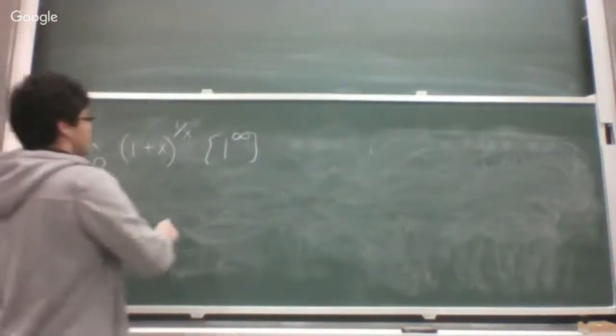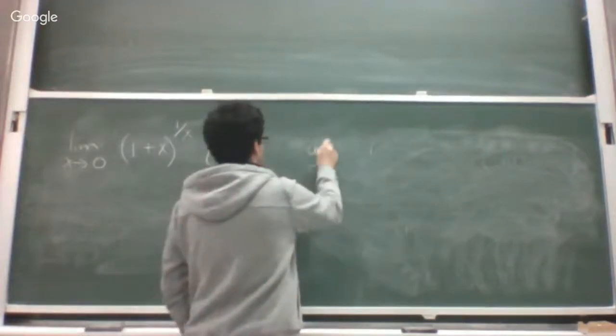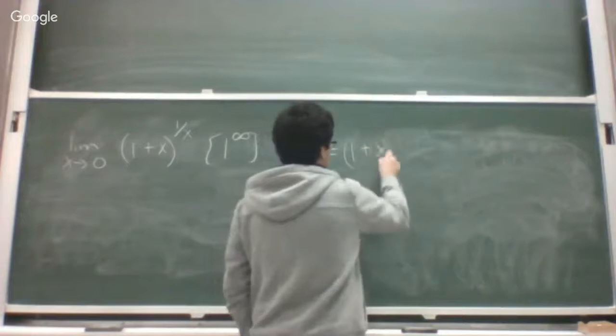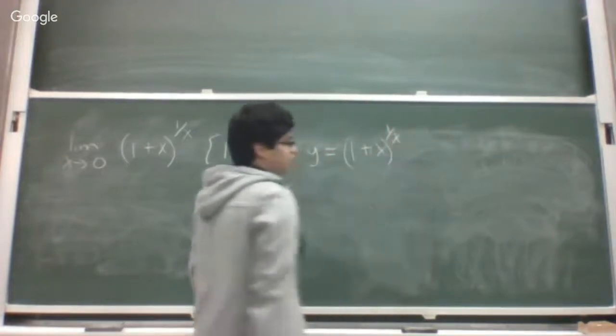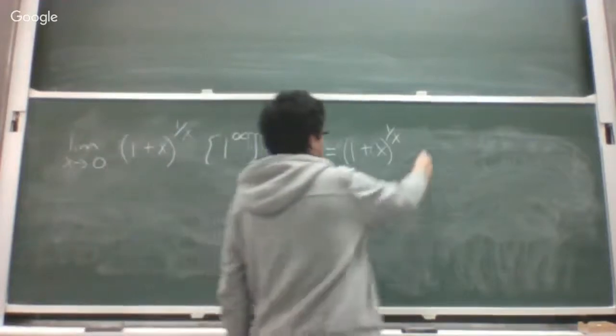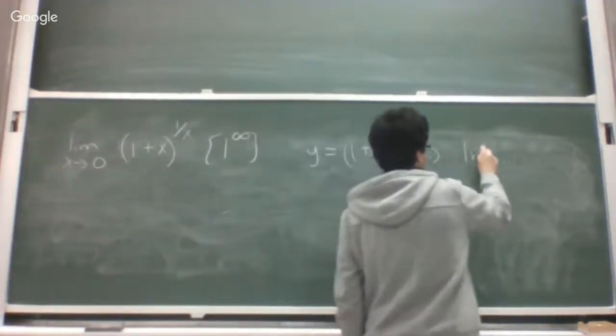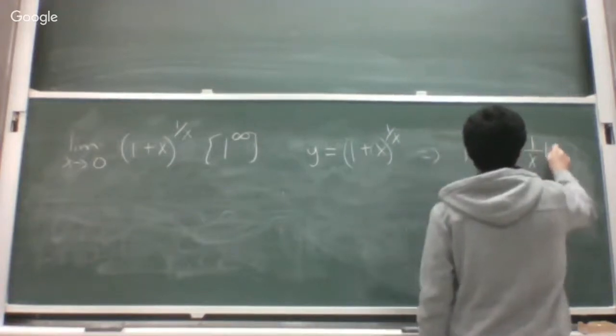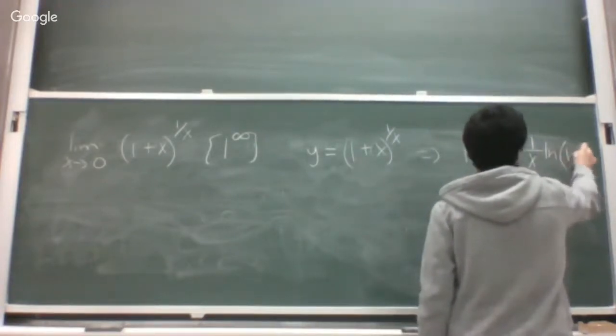So what we do here is we set y equal to our function, 1 plus x to 1 over x. And now we do the natural log of both sides. So we get natural log of y equal to 1 over x times the natural log of 1 plus x.